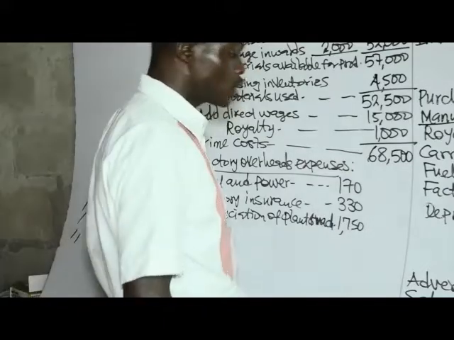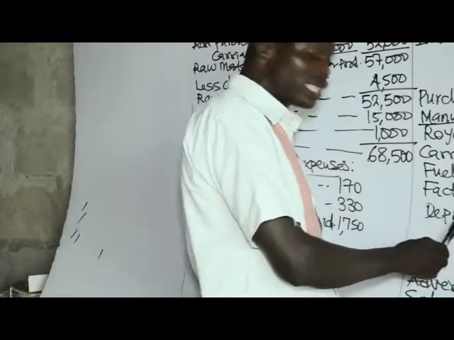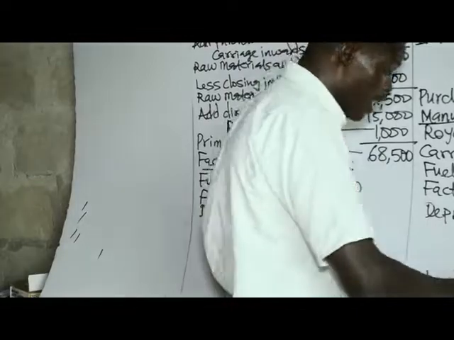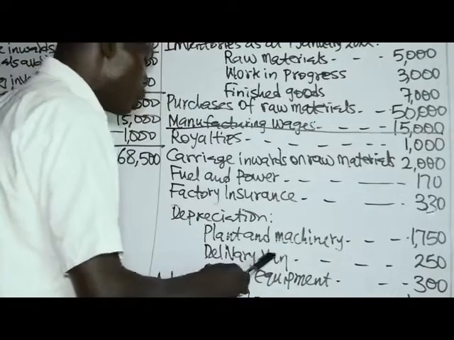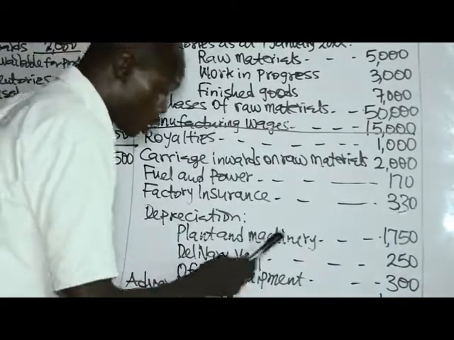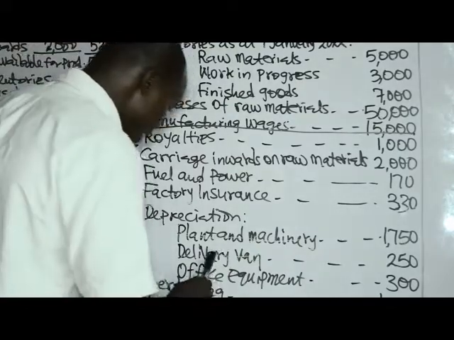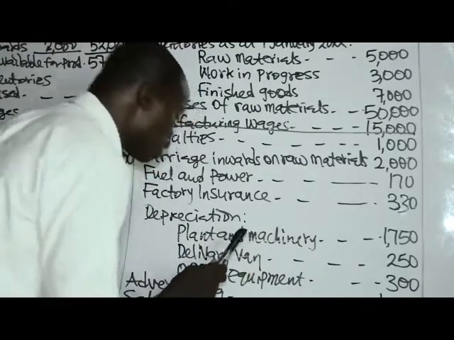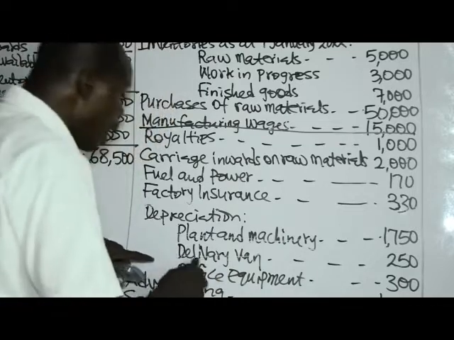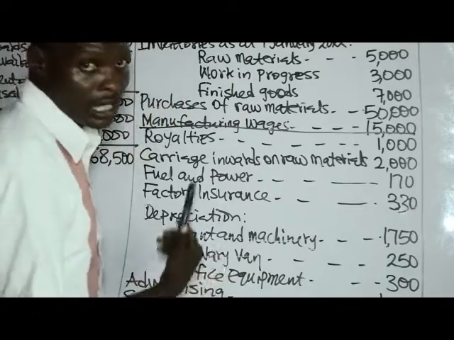Now back to the question. You have depreciation on delivery van. A delivery van is an asset used to transport the goods to the customers. That means depreciation on delivery van is a selling expense.